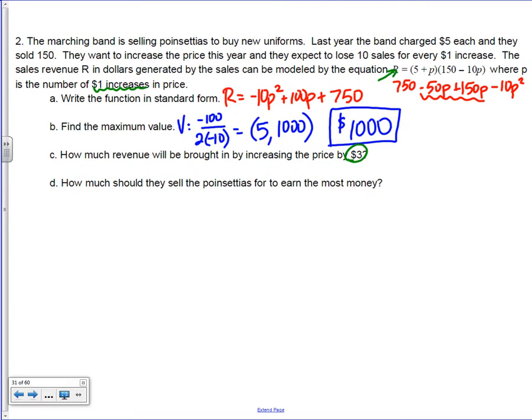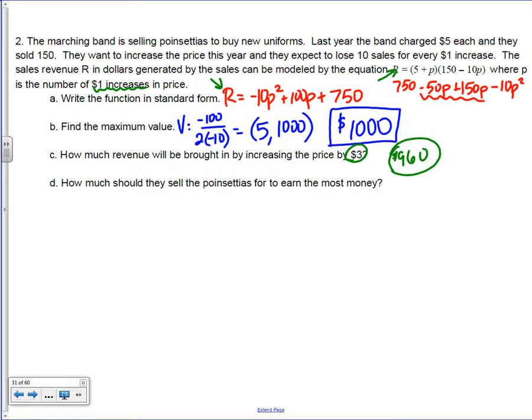So either here or here, we're going to plug in that 3. And you should get $960. And you notice that's less than our maximum, which it should be because that 1,000 should have been the highest it should go.